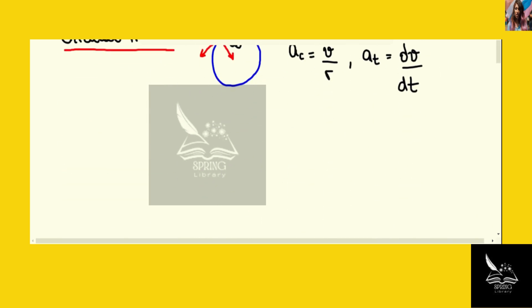So what I'm going to do is to draw a force diagram on the block. So this here is the block, and this is the surface. The forces that act on the block are the normal force that acts perpendicularly to the surface and a gravitational force that acts downwards.